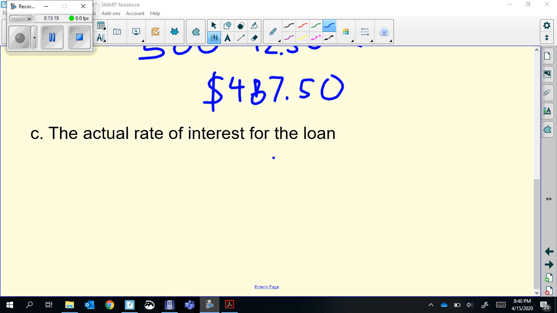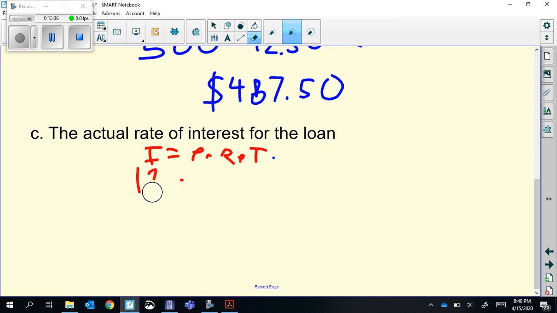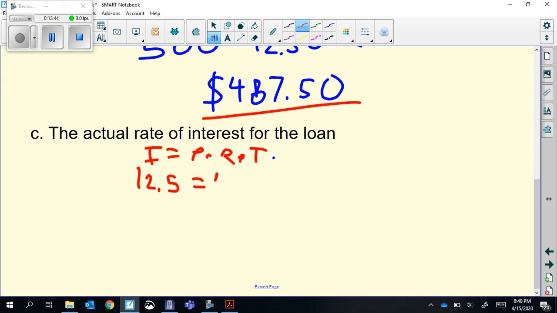So we're going to look at the actual interest rate. This is something that sometimes you'll see in loans. So when we take our interest equals principal times rate times time, our interest was $12.50. The principal, we're only going to take into account this $487.50.